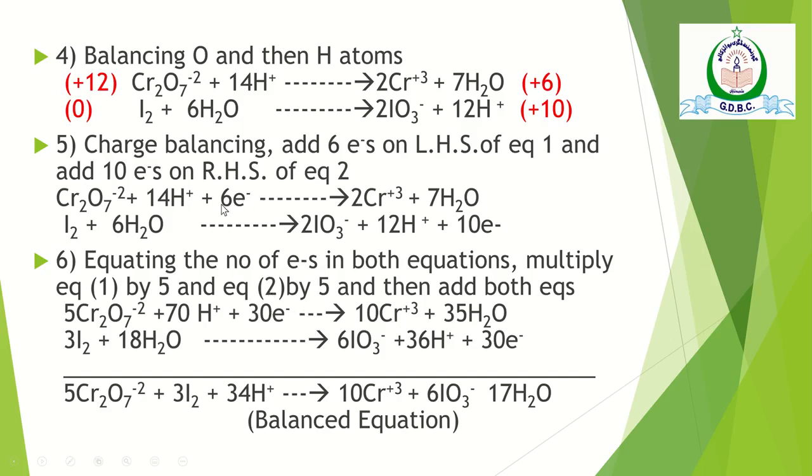So 6 can be made 30 by multiplying this equation by 5, and 10 can be made 30 by multiplying this second equation by 3. So multiply equation number 1 by 5 and equation number 2 by 3 and then add both the equations.